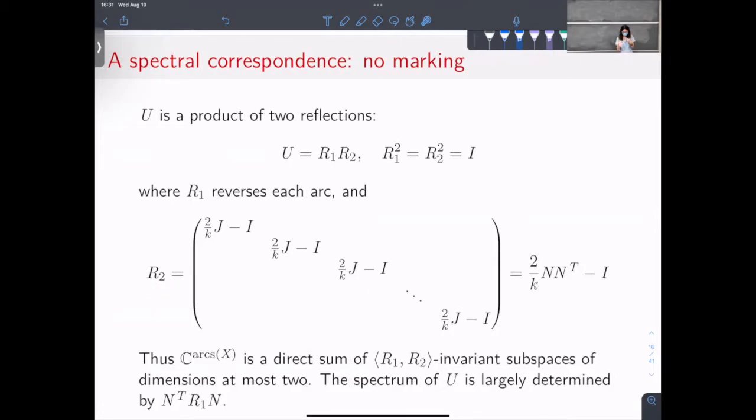This is called the coin matrix in physics papers. And each block corresponds to the outgoing arcs of a particular vertex.